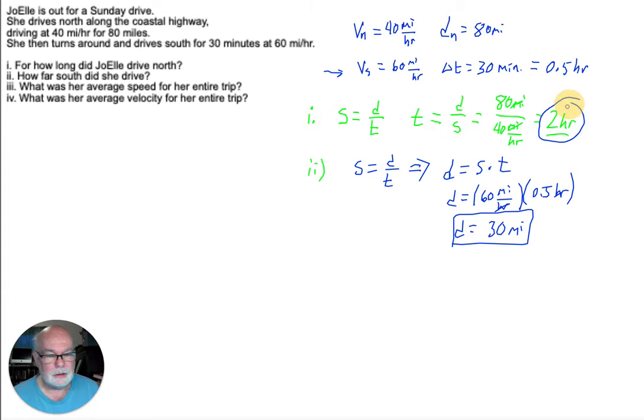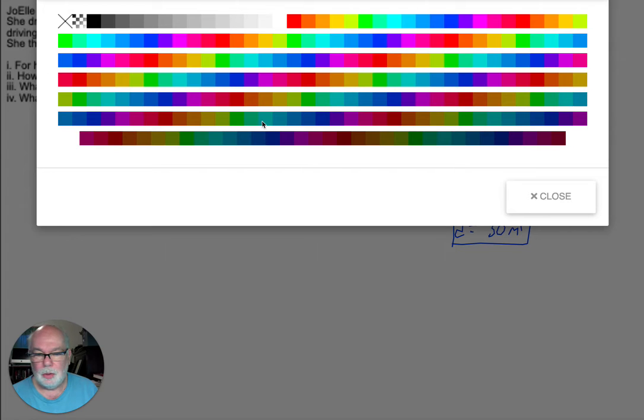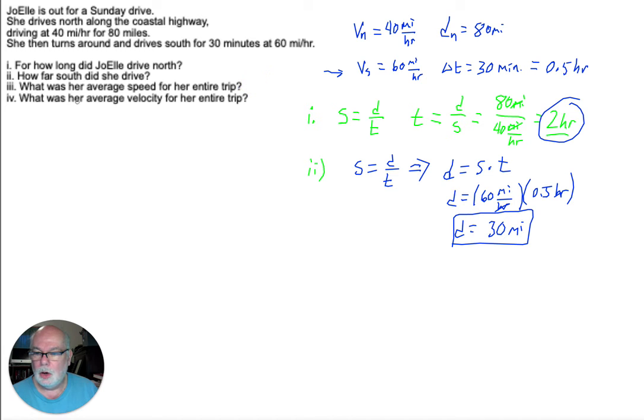That was the answer to the time. Okay, so now the problem asks, what was her average speed for the entire trip? Part 3, speed for the entire trip. Again, speed is equal to distance divided by time.